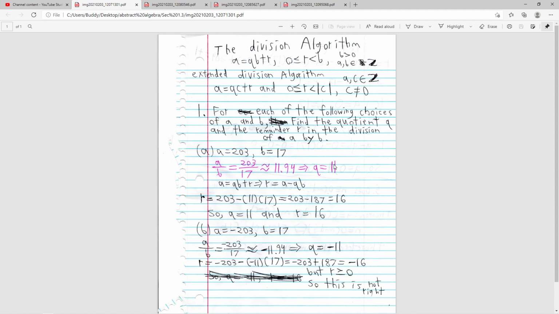So we go on to rounding down instead of rounding up like we normally would. And basically r equals a minus qb. So plugging in what we know, a, q, and b, we get 16. So q equals 11 and r equals 16.